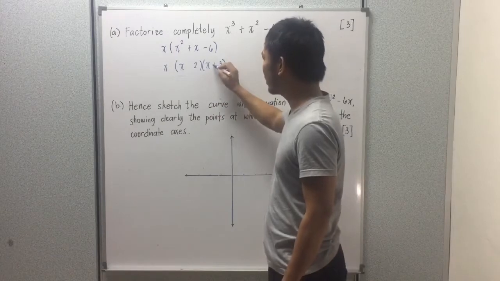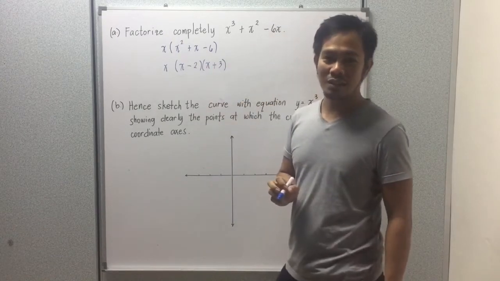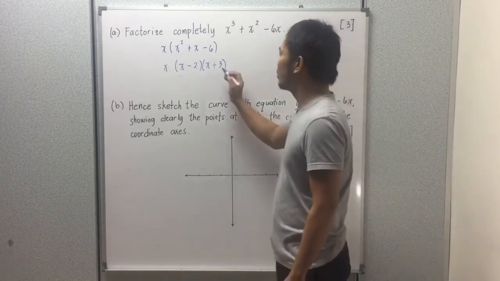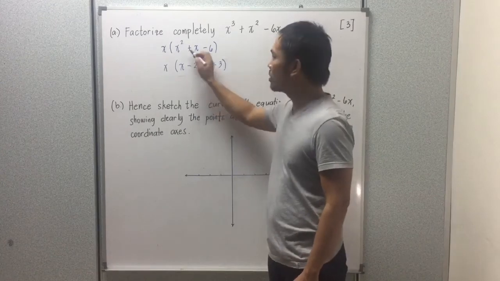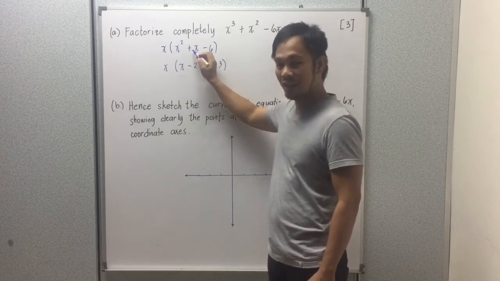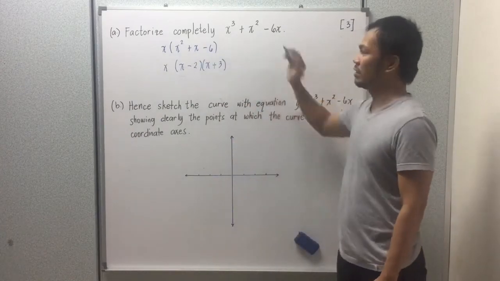Plus should be 3, minus should be on 2. Why? Because positive 3 minus 2 is positive 1. Thus, I was able to factorize this completely.